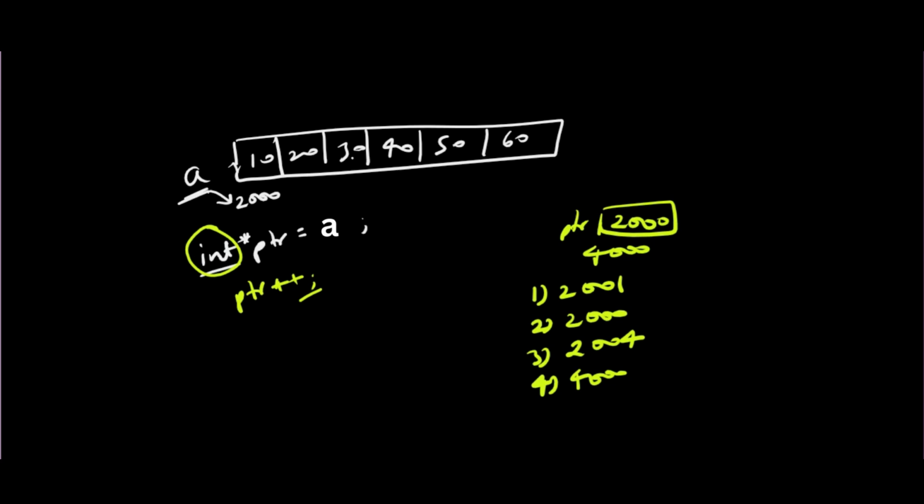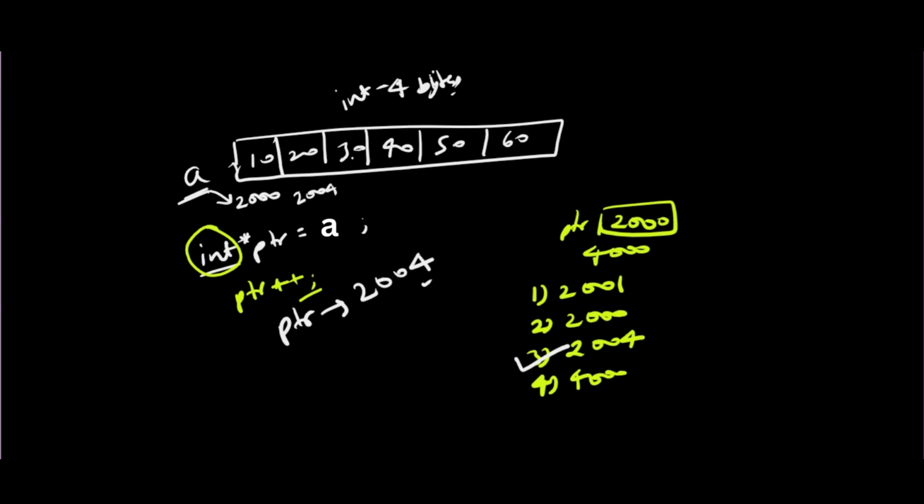So it moves directly to the next memory address, that is 2004, if we suppose the integer is of size 4 bytes. After this ptr plus plus, we will have the value of ptr as 2004. Okay. So 3 will be the correct option.